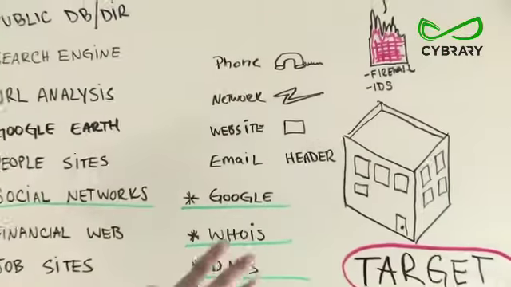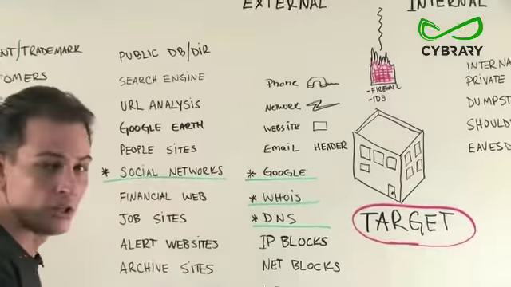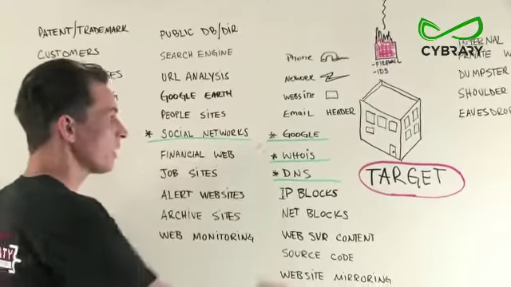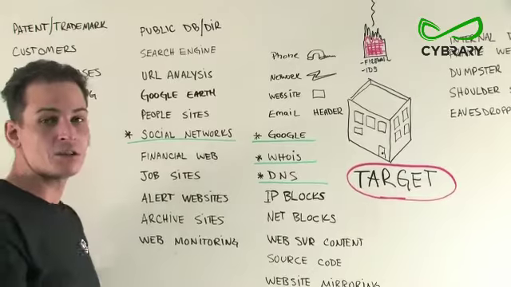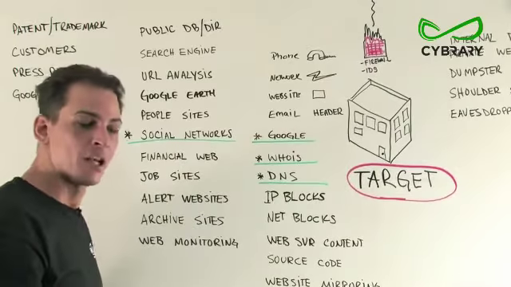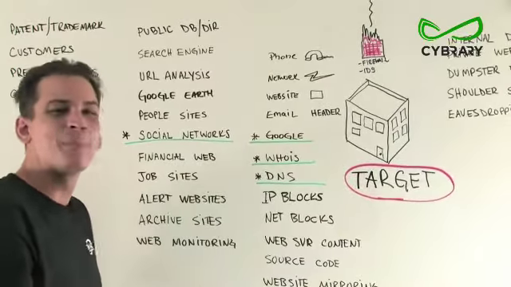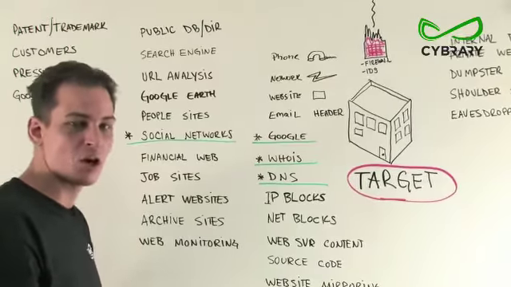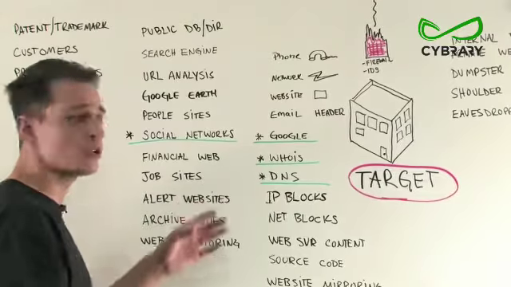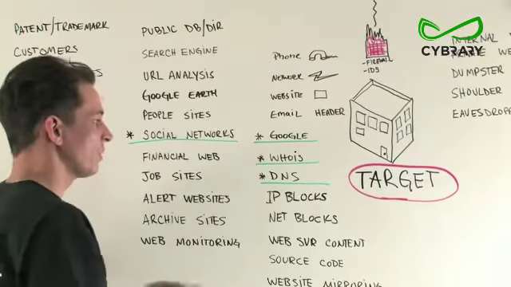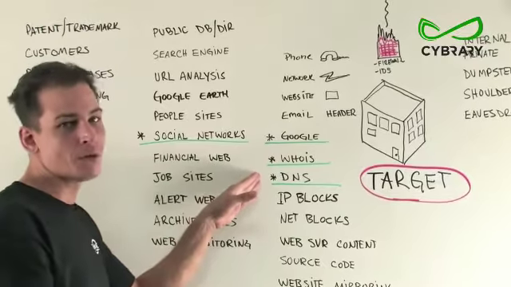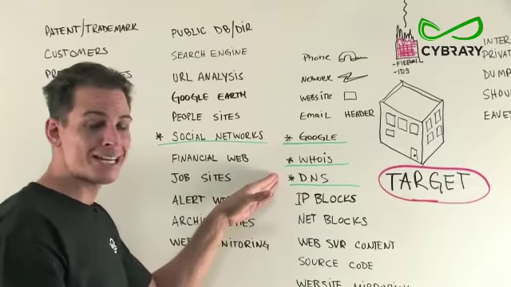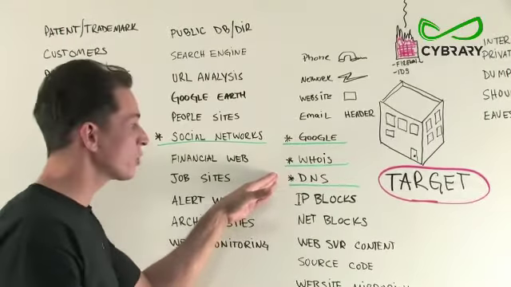Now, I do have a few things prioritized here. The first places that I like to start are with Google, then a quick whois search, because that tells us our administrative contacts, the basics, who the DNS servers are, and things like that. We'll see those when we actually look at the tools. So whois information, and how their DNS structure is laid out. There are a couple really good DNS reconnaissance tools that we can use.